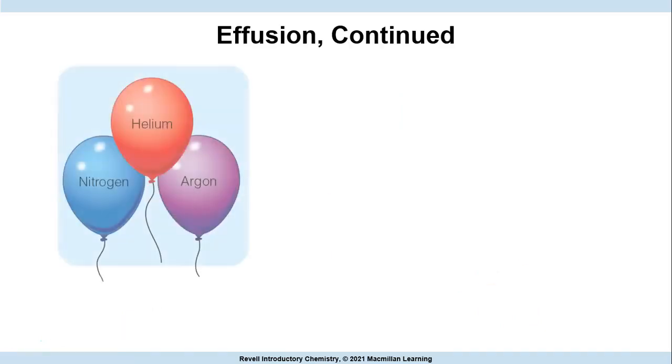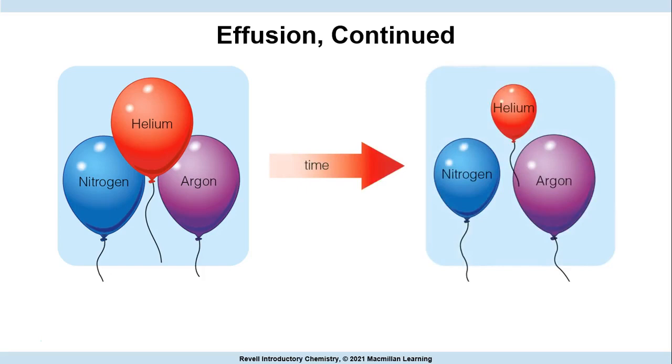So if you have 3 balloons, one filled with helium, one filled with nitrogen, and one filled with argon, as time goes on you will see that the balloon filled with helium will have a very high effusion rate because it is the lightest.